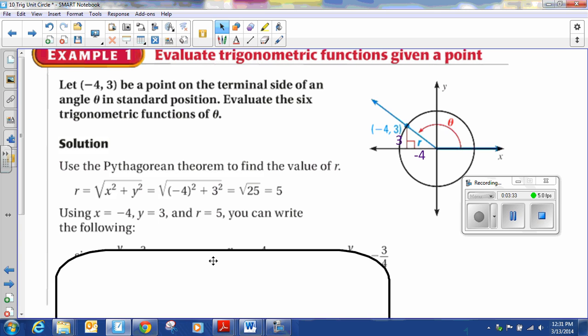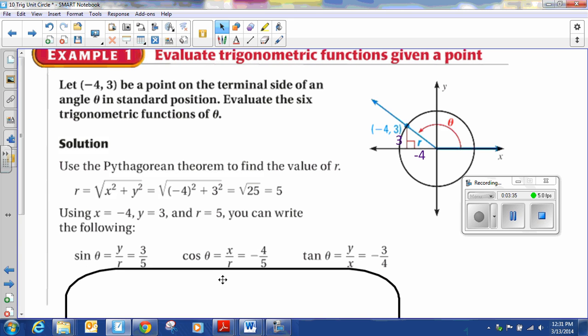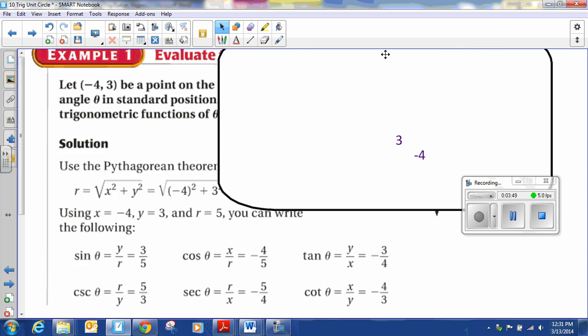So it's 3/5. Cosine is -4/5. I want you to recognize that we're actually using the sign. We have to be sensitive to the signs because we're in quadrant 2. And tangent is -3/4. And the inverse functions are the reciprocals: 5/3, -5/4, and -4/3.